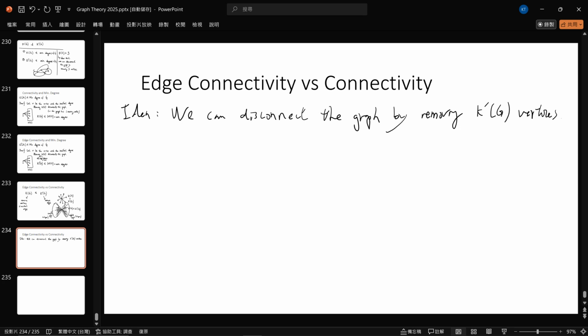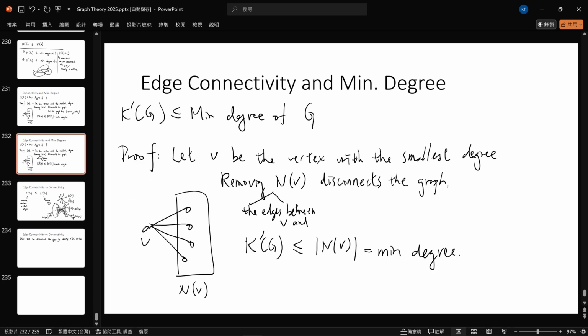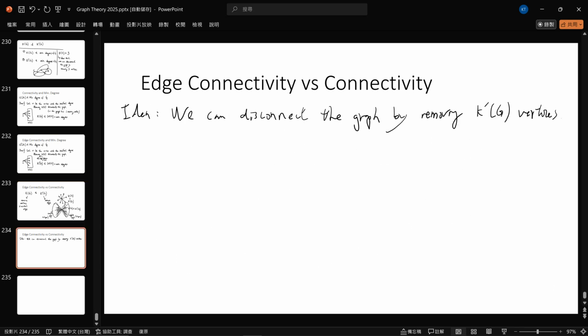Previously, when we only considered minimum degree, it was quite easy. Just identify the vertex with the smallest degree and remove all its neighbors, and that's it.